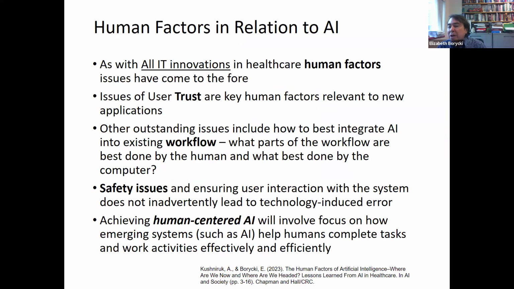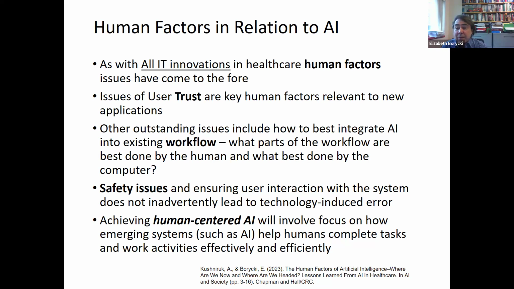So let's bring a little bit back to one of our sub-themes, which we'll get into more next week. But in relation to AI, with all the AI innovations in healthcare, human factors have still come to the fore. These are issues you can consider under that broad definition of human factors: issues of user trust, how best to integrate technology into existing workflows, what part of the activity in healthcare should be done by a human, what part by a computer.